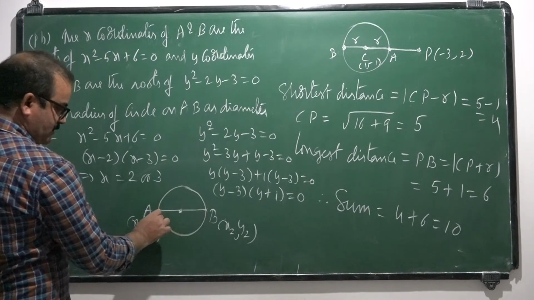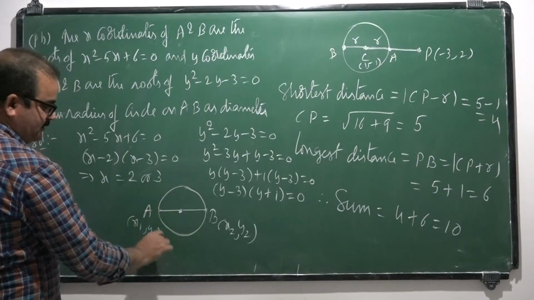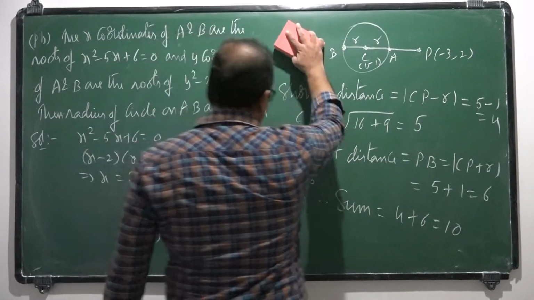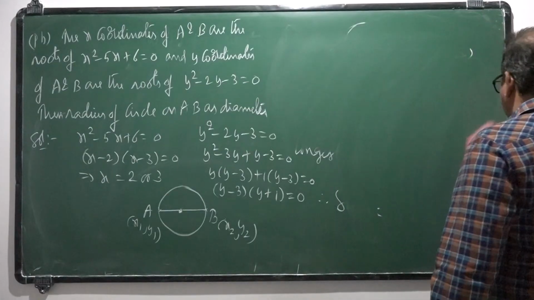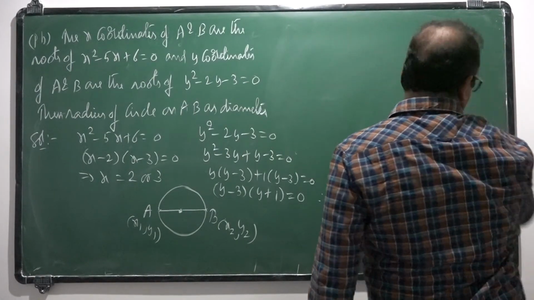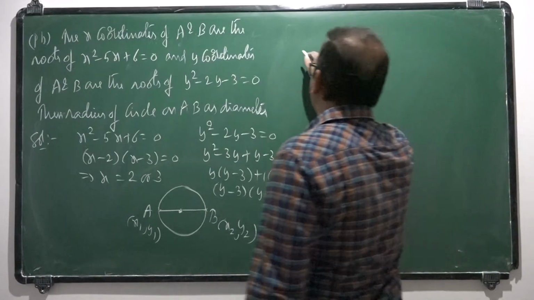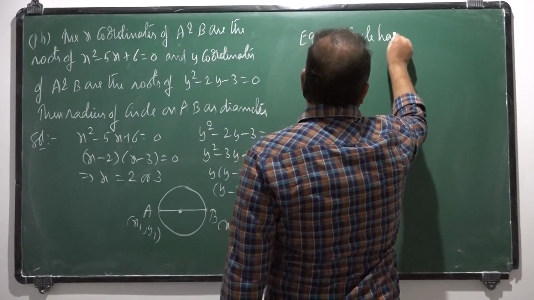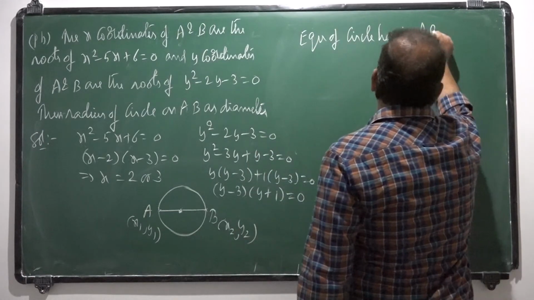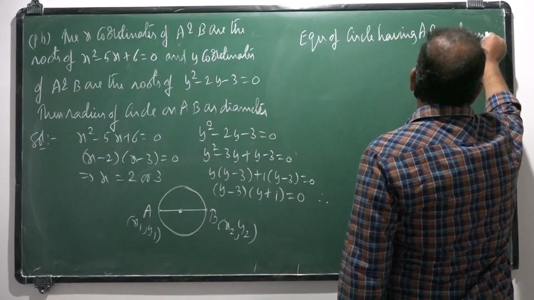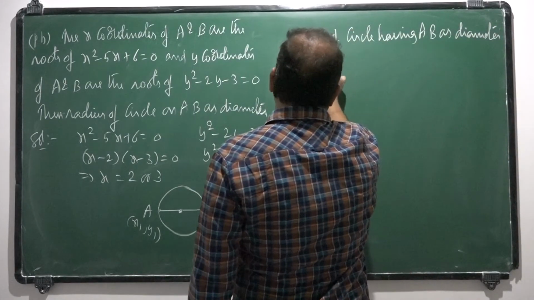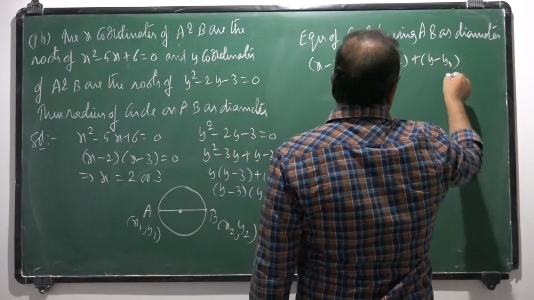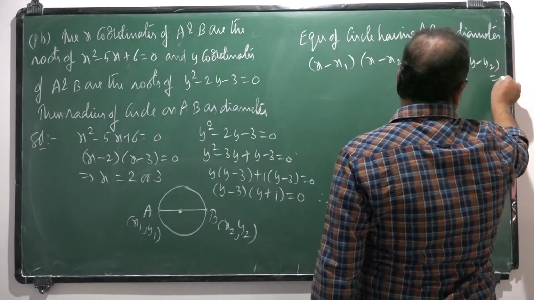If A and B are endpoints of diameter, then the equation of the circle having AB as diameter is (x minus x1) into (x minus x2) plus (y minus y1) into (y minus y2) is equal to 0.